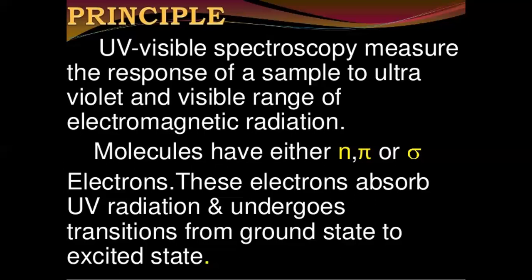So, electronic transition involves promotion of an electron from HOMO to LUMO, the highest occupied molecular orbital to the lowest unoccupied molecular orbital. In many molecules, several electronic transitions are observed, giving several absorption bands, and you can see the spectrum.